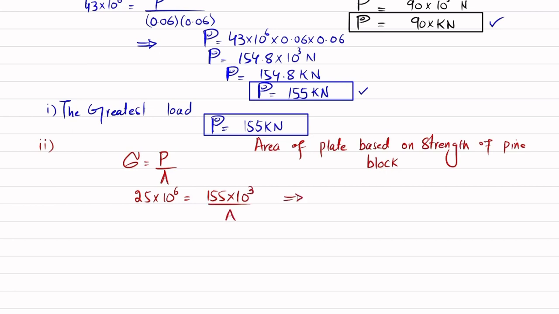From here you will get the area equal to 6.19 into 10 raised to power minus 3, and the unit will be square meter. So this is the answer of our second part.